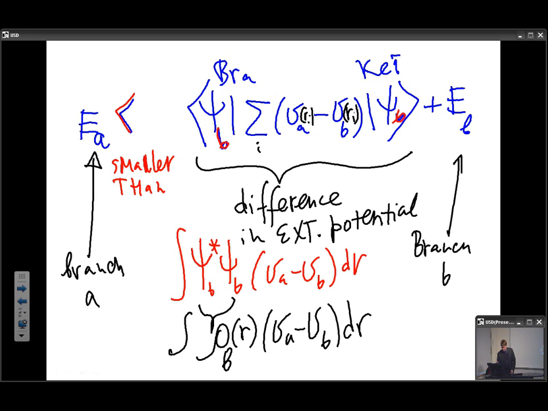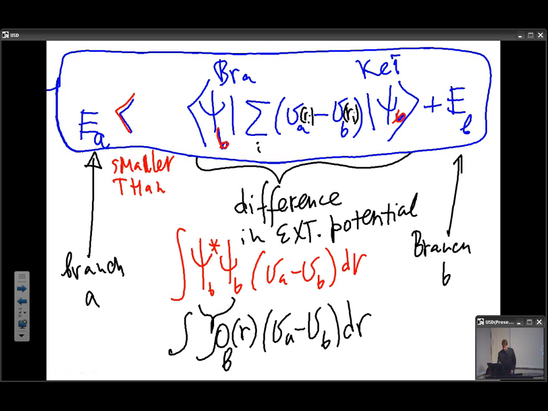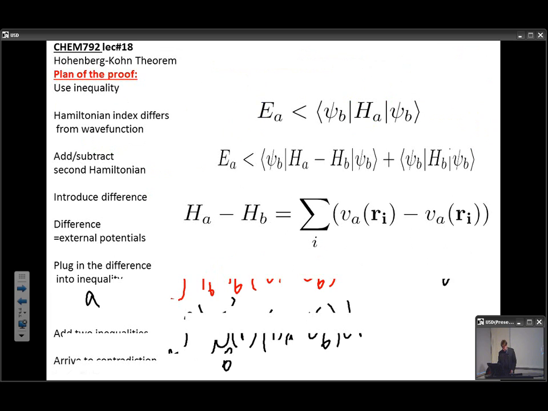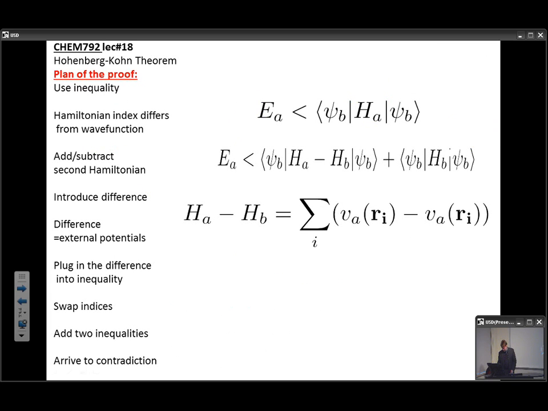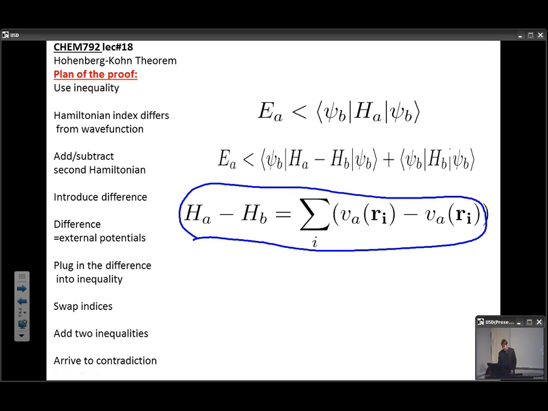Okay, I'm going to move forward by one slide, and there I expect to see this expression typed in a more readable way. So we plug in the difference of Hamiltonians, which depends on the difference of external potentials.